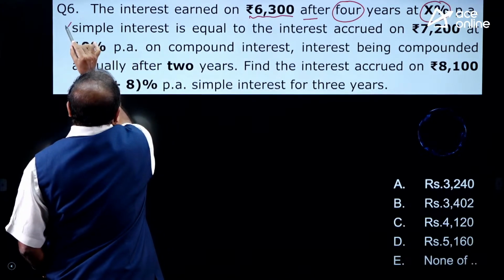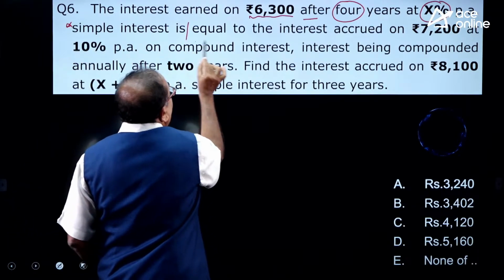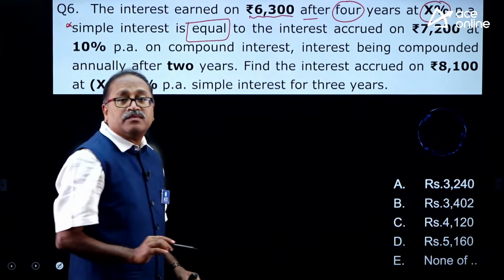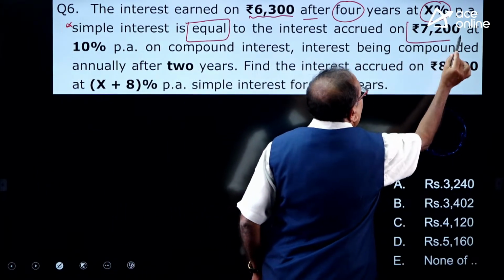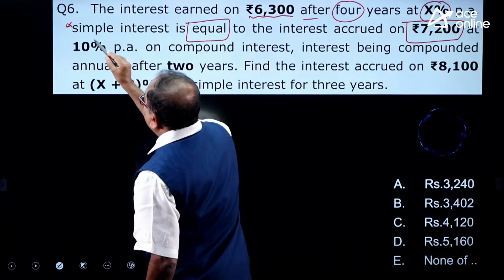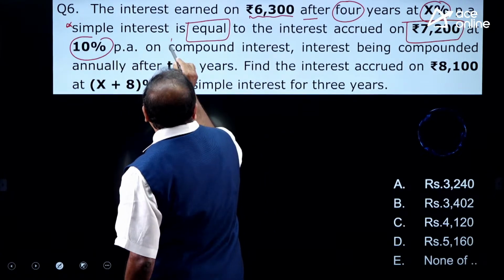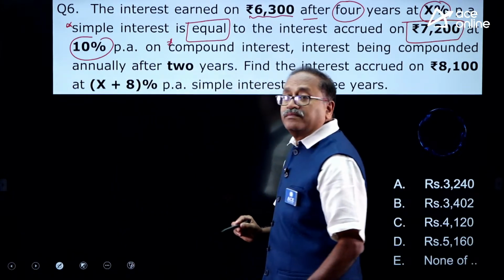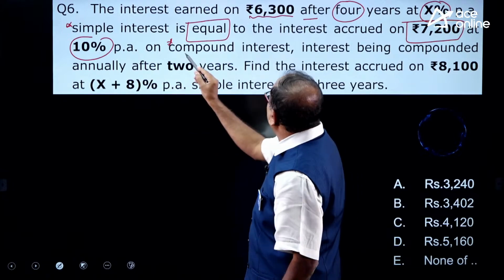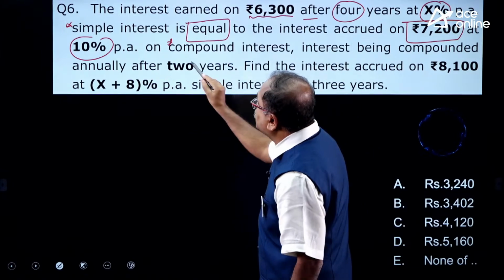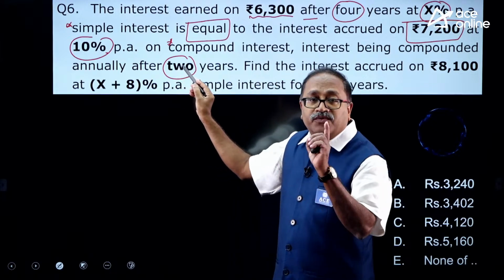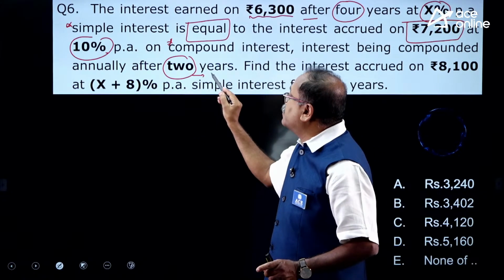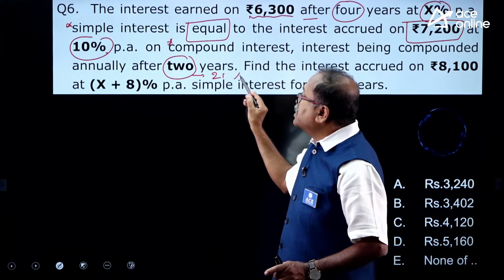Simple interest, look at this one. Simple interest is equal to the interest acquired on 7200 at 10% per annum compound interest. So 10% per annum compound interest for how many years? For 2 years. We all know 10% per annum for 2 years the compound interest will be 21%.